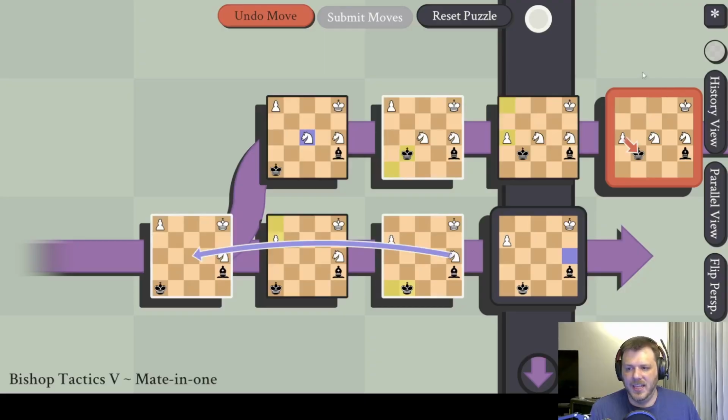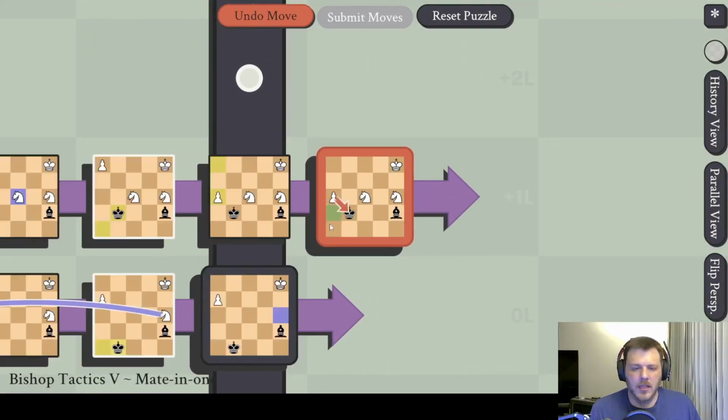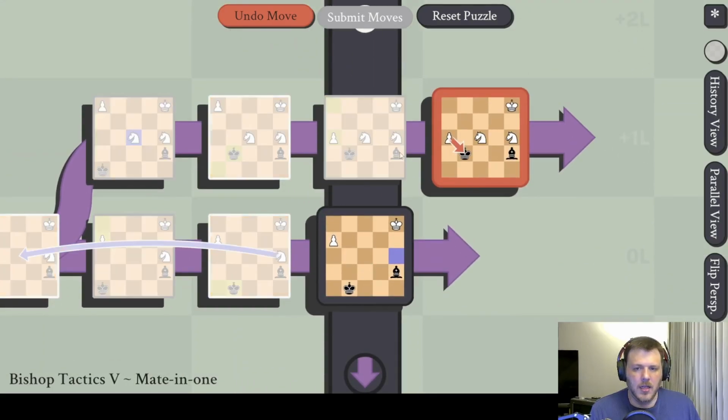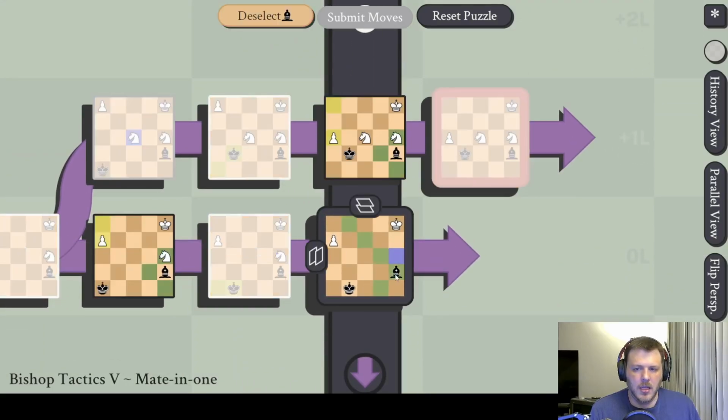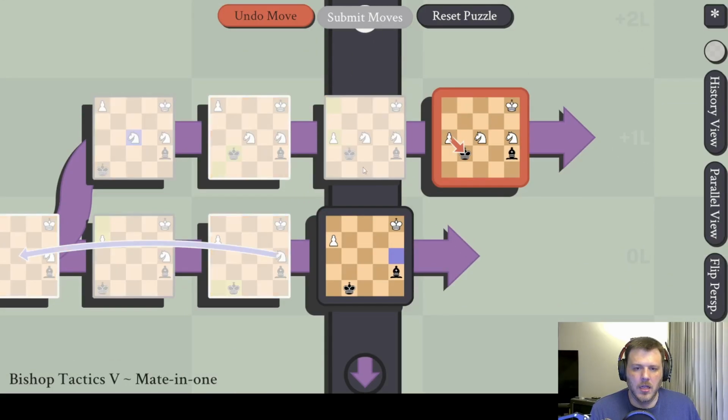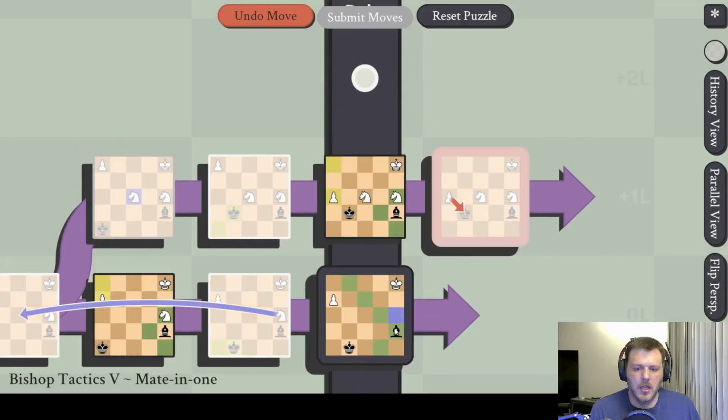Pawn is checking the king. So, what's the plan? This is a mate in one.